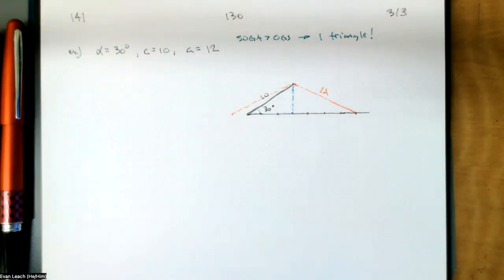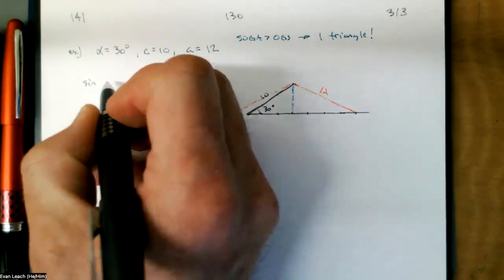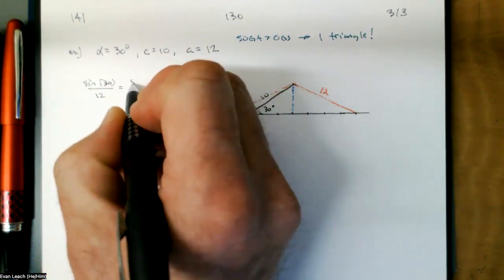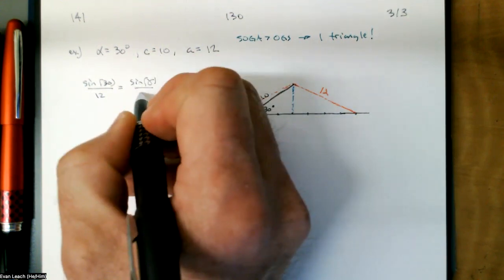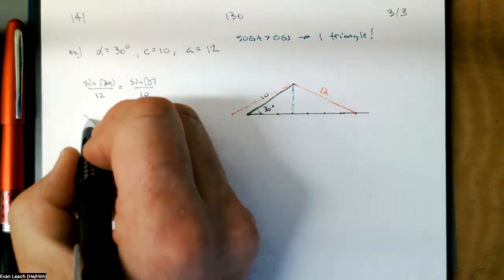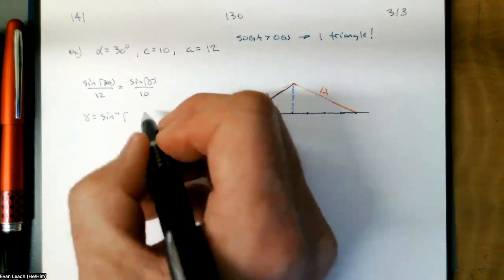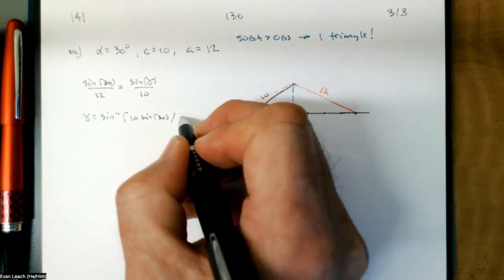In that case, we're just going to use the law of sines like we did before. We'll say the sine of 30 over 12 is equal to the sine of gamma over 10. So gamma will be sine inverse of 10 sine 30 divided by 12.